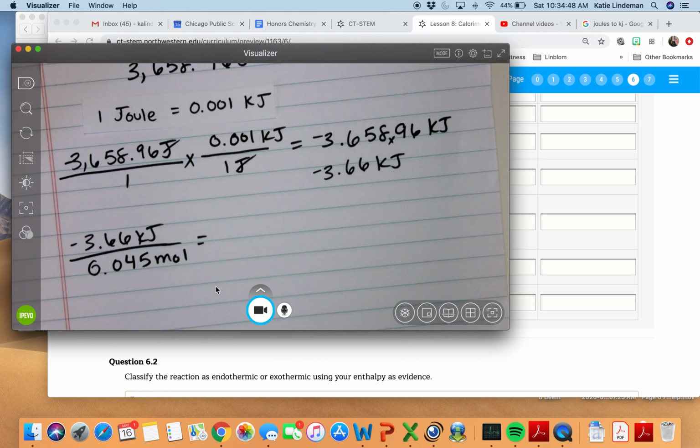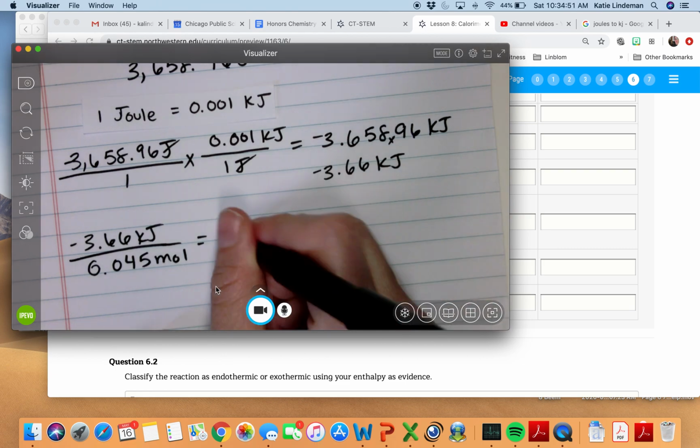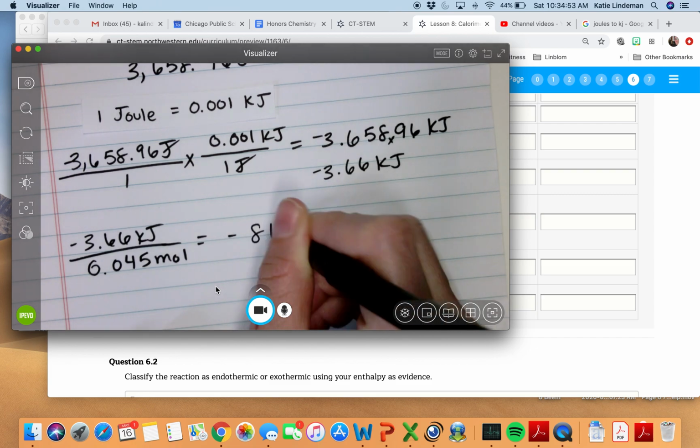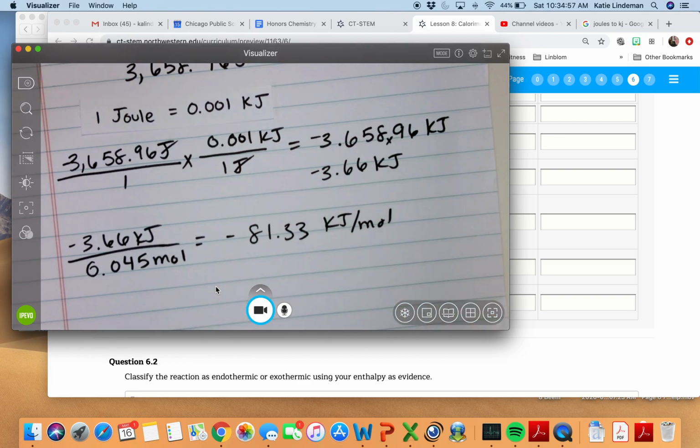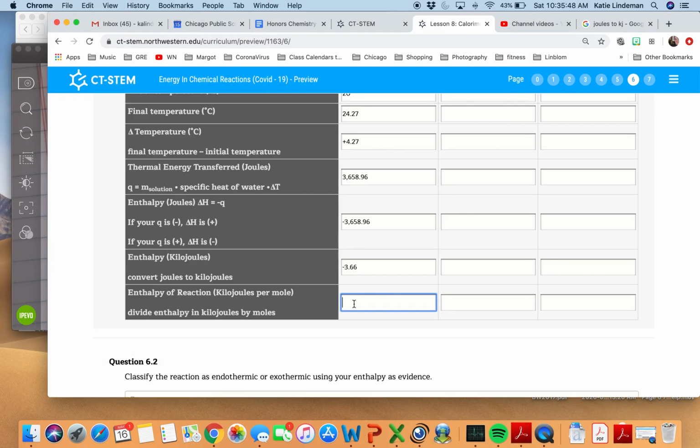Okay, and then I end up getting negative 81.33 kilojoules per mole. So now I'm just going to come back and type this in here, negative 81.33, and I'm finished.